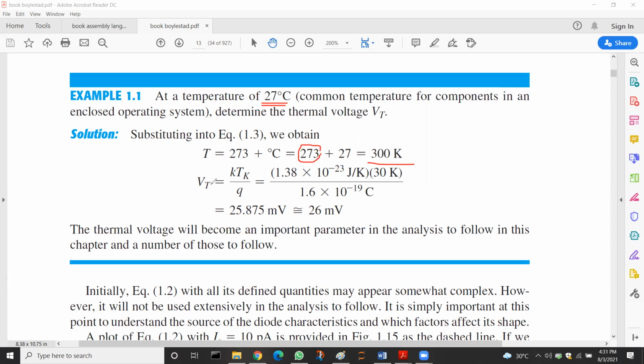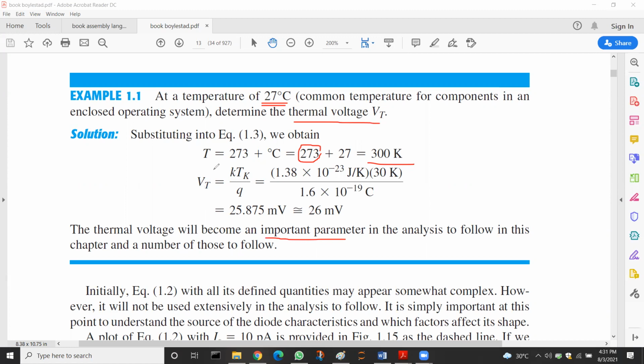The voltage is calculated by using this formula and by applying the constant values for k and q and one electron volt. We get an important parameter, which is nothing but the thermal voltage.